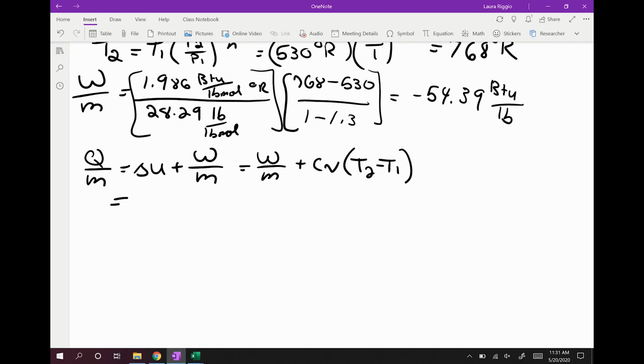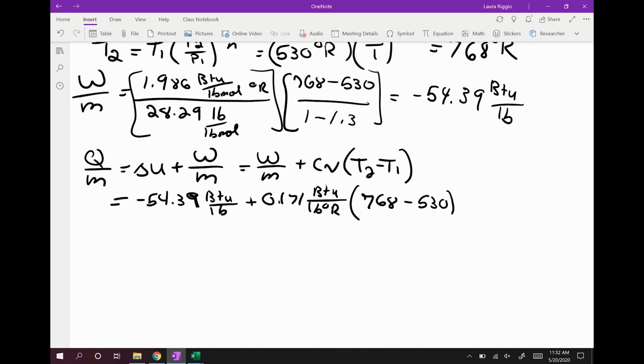So I'm going to get minus 54.39 BTUs per pound plus 0.171 BTUs per pound degree Rankine, I chose that value from table A-20E, times (768 minus 530), which is minus 13.69 BTUs per pound.